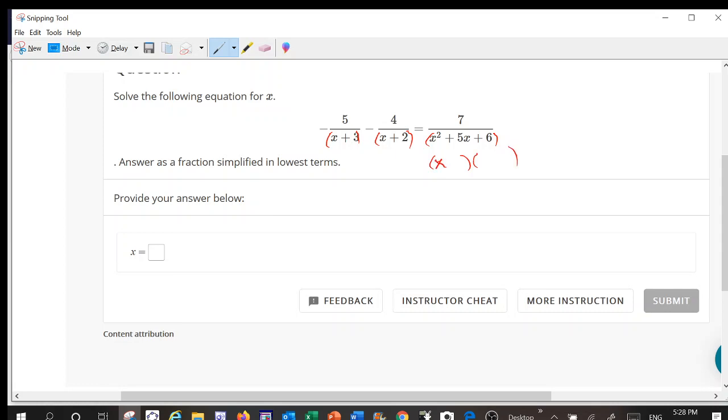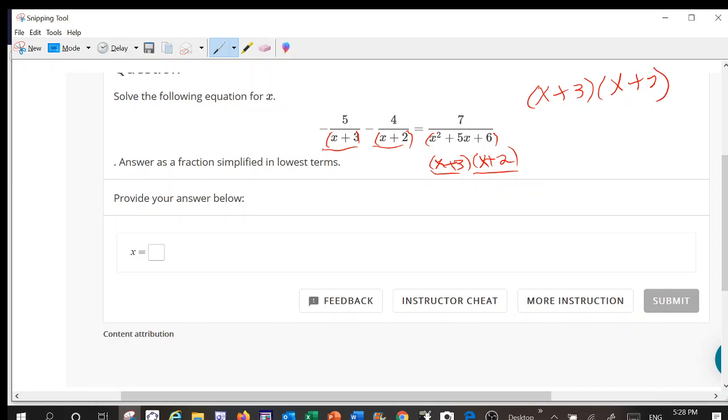I'm sure you remember, we need two numbers that multiply to get 6 and add to get 5. Well, 3 and 2, and they both have to be positive. So a good common denominator would be, well, there are only 2 different factors, right? So x plus 3 times x plus 2 is the LCD.